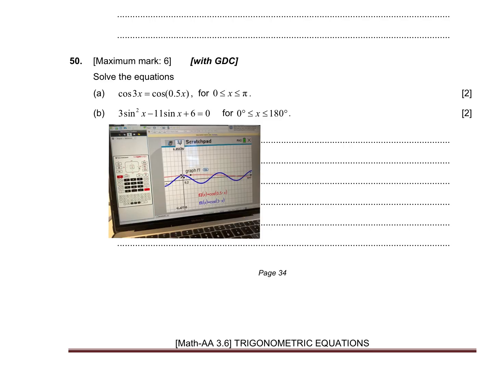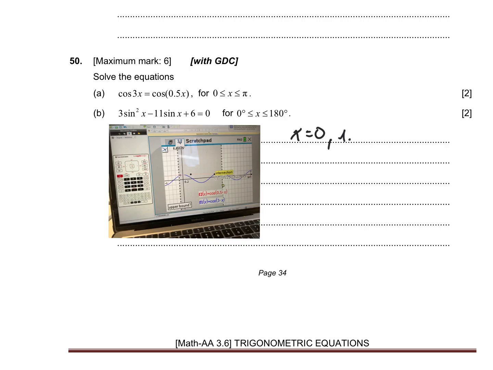So this one is clearly, the intersection is going to be 0. We're just looking for the x's, so 0. And then we have 1.795, so x is 1.80 to 3 significant figures. Then keep going along.